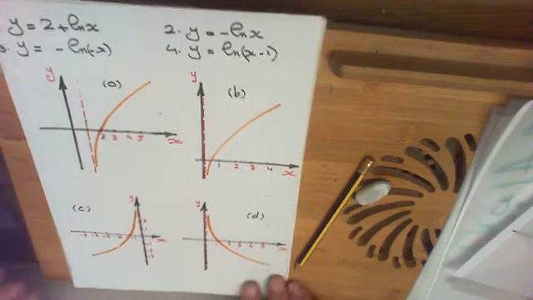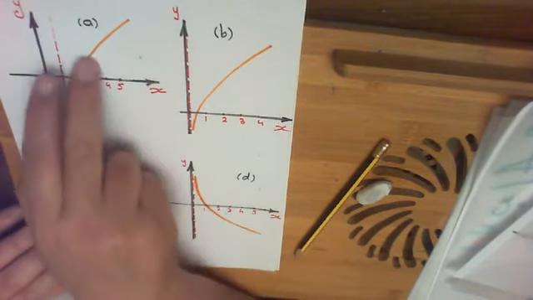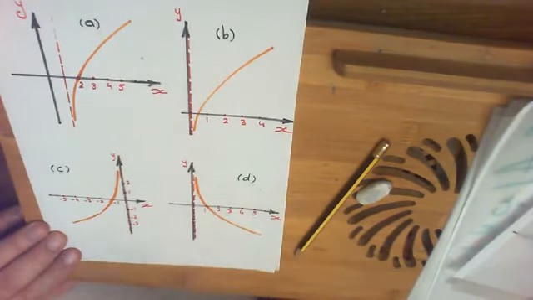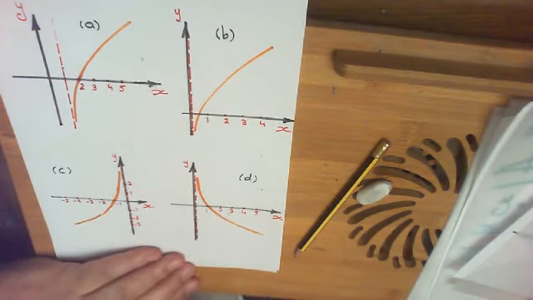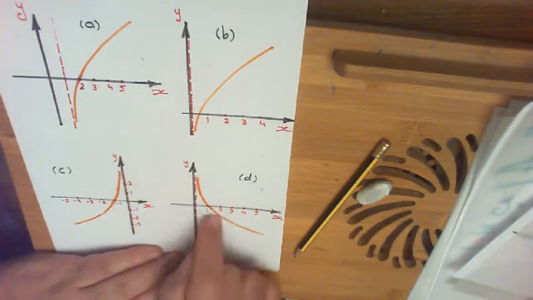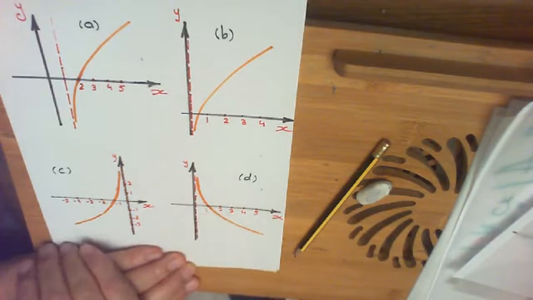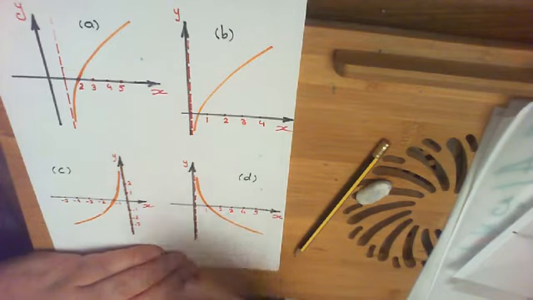For me, I start with C or D and I leave A and B until after finishing this. Why? Because I know that ln intersects the x-axis at 1. This is similar to ln, but it is with negative values.